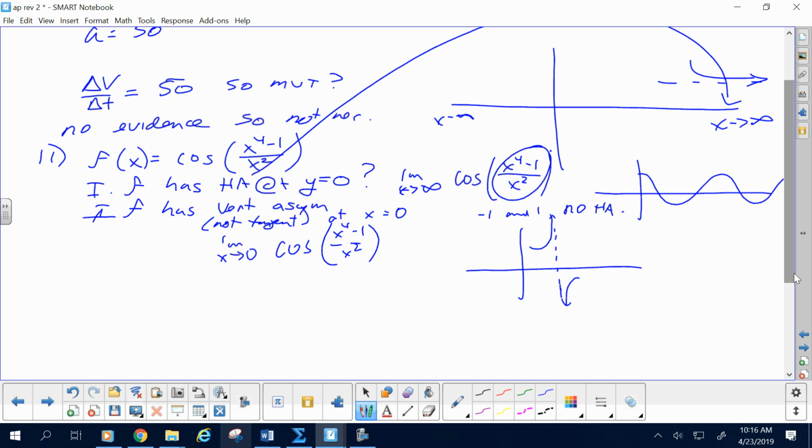Now, yes, I agree that as x goes to 0, this inside gets small, but it's still small in the denominator, which makes it huge, and so it's still the same idea. It's still cosine of infinite. Cosine of infinite does not get big. It's still cosine, and it's still between -1 and 1. So it's still a no, not a vertical asymptote.